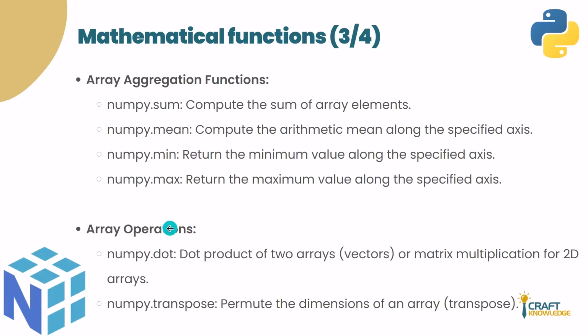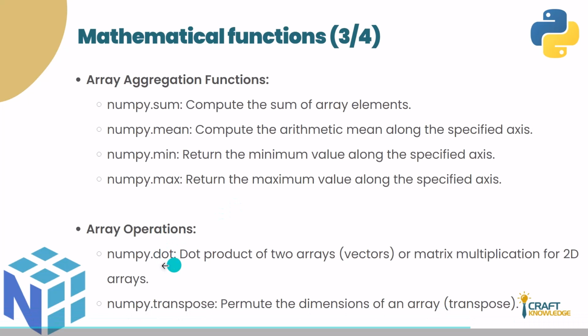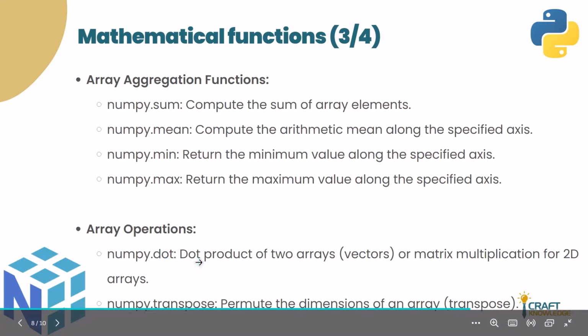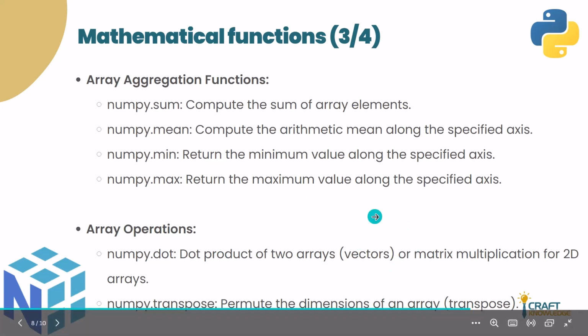Okay, talking about array operations, you can perform dot product and transpose as well, right? Transpose means that the whole array will be reversed. Dot product is mostly used in physics, where we take the product of two vectors, or of two matrices as well.